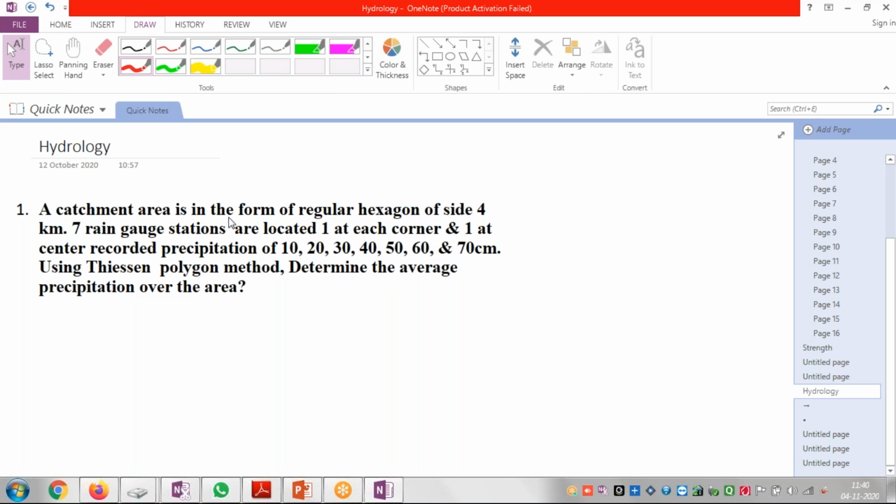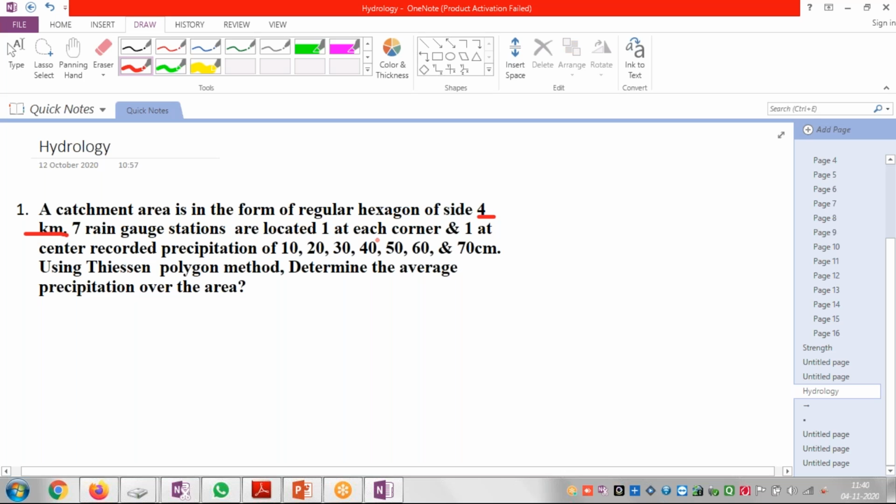A catchment area is in the form of a regular hexagon. Hexagon means a shape which has 6 sides of the same size, right? So a hexagon of 4 kilometer means each side is 4 kilometer.